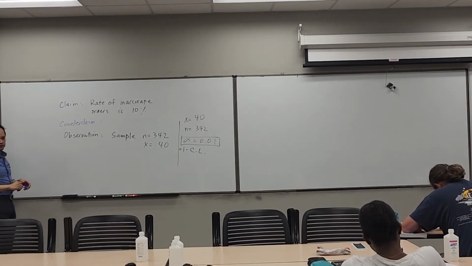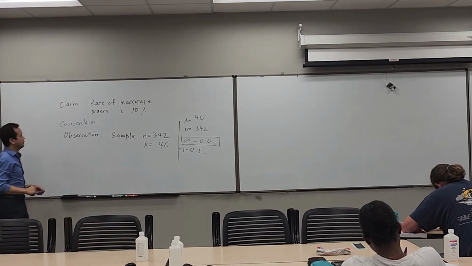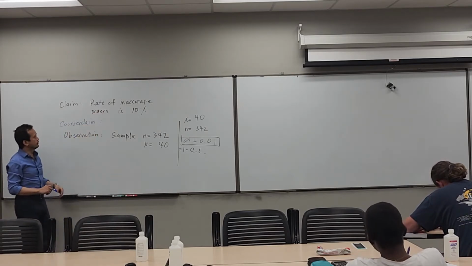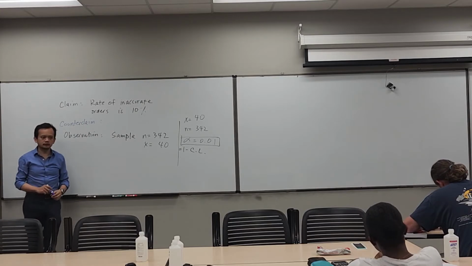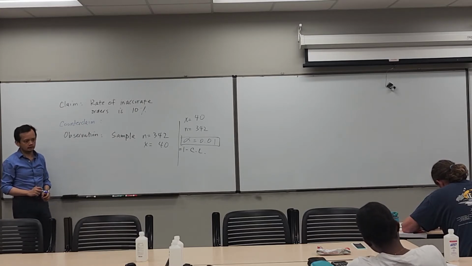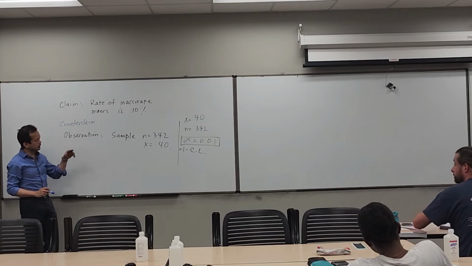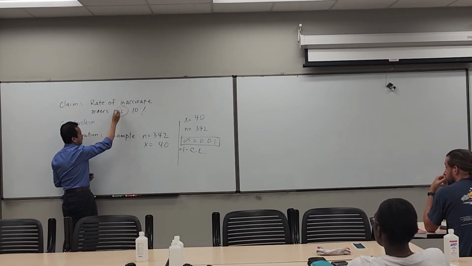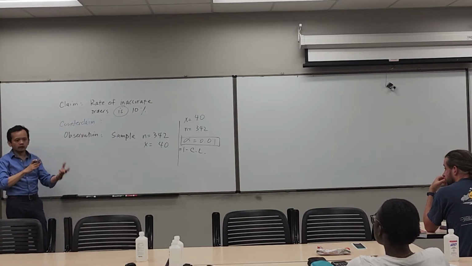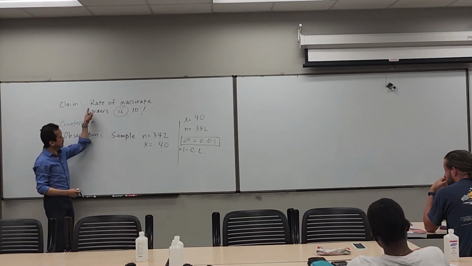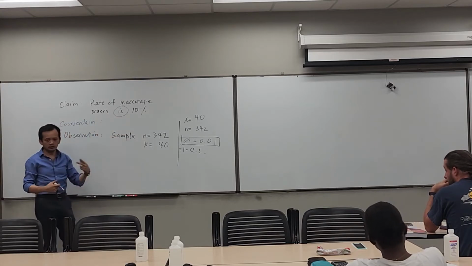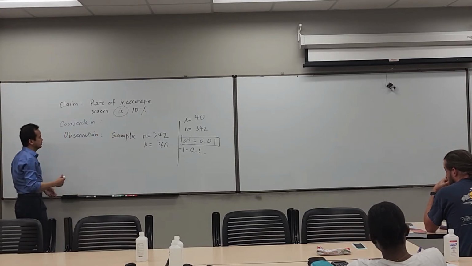So the counterclaim is basically just the opposite statement. So what's the opposite statement to the rate of inaccurate orders is 10%? The rate is not 10%? Okay, very good. So the easiest thing to do is keep everything the same except for the equality or the inequality. So in this case, keep everything else the same except change is to is not, or is not equal to.